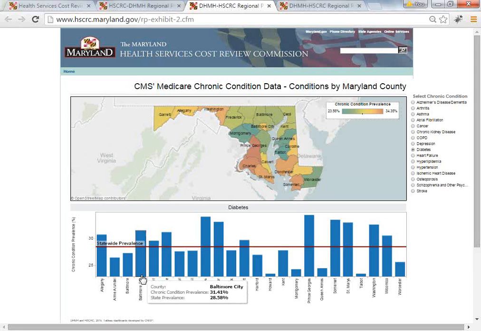So for instance, for Baltimore City, you can see that the prevalence is 31.41% for diabetes, and you can see that it is above the statewide prevalence of 28.58%.